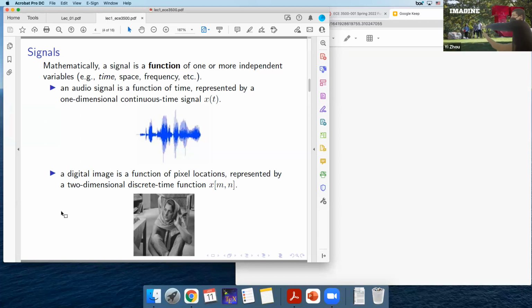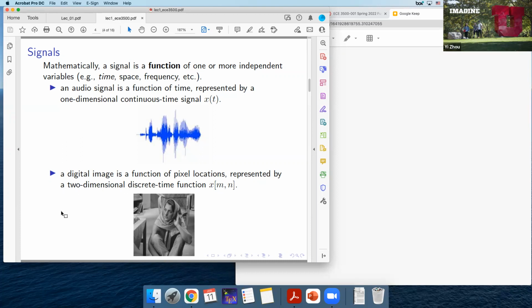Because the image takes a rectangular form, it is very natural to describe the image as a function of two variables. One variable indexes the horizontal location of the pixels, and one indexes the vertical location.